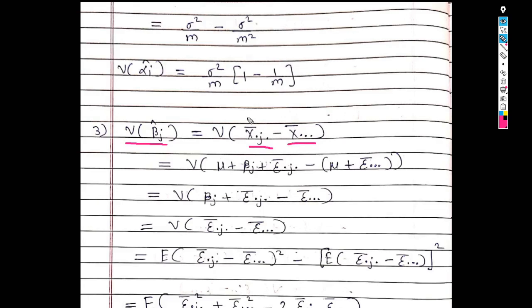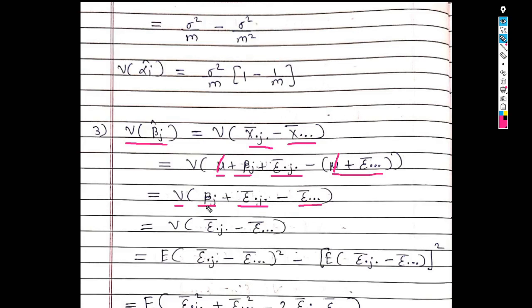So this x dot j dot bar, that is the jth column mean, can be written as mu plus beta j plus epsilon dot j dot bar, minus the grand mean, which can be written as mu plus epsilon dot dot dot bar. Now this mu and this mu will get cancelled. So the remaining terms are variance of beta j plus epsilon dot j dot bar minus epsilon dot dot dot bar.